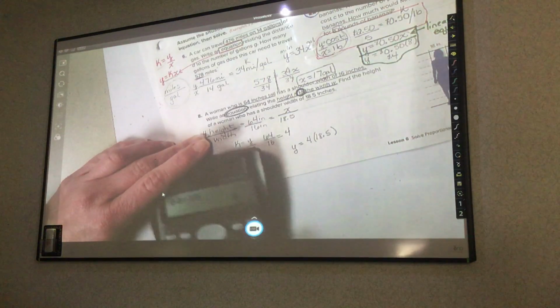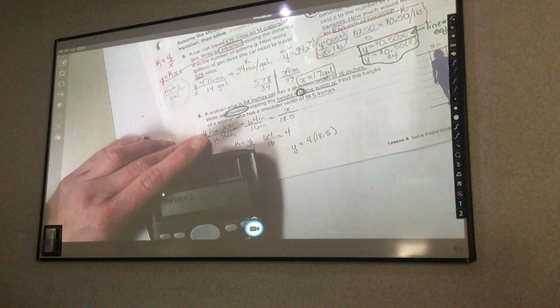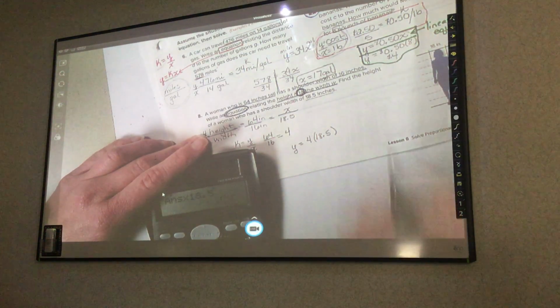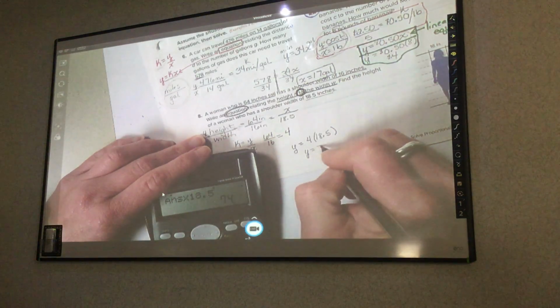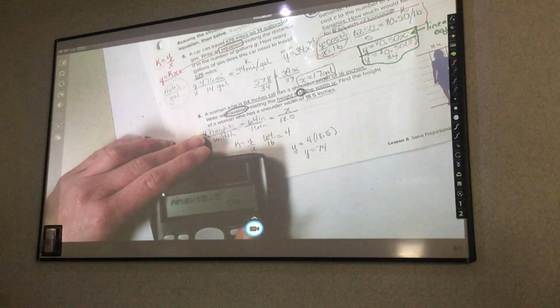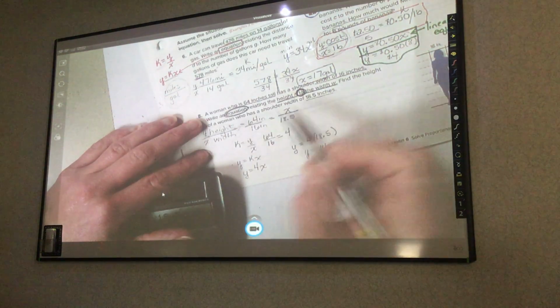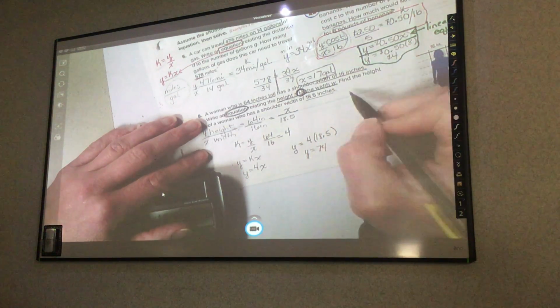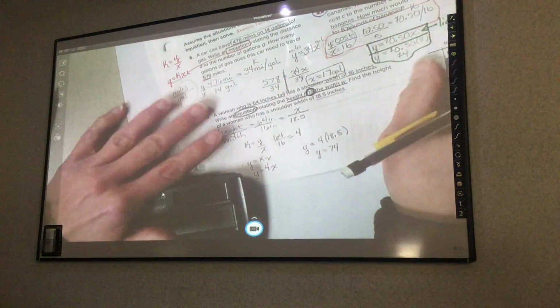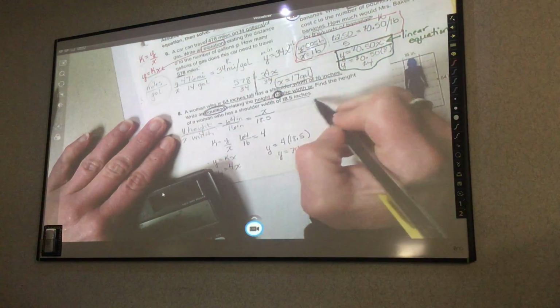Put that in a calculator. I have 4 times 18.5 equals 74. Now if I go up to this original problem, I better come over here to show some more room.